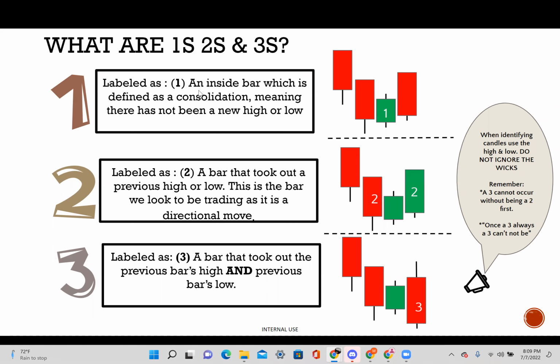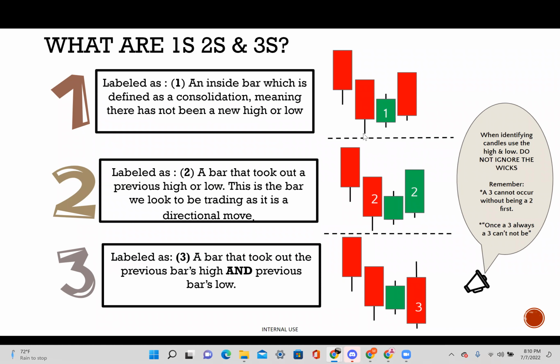So one more time, whenever you see a 1 on my chart, I'll be going back to the charts here in a second, but whenever you see a 1 on my chart, it is consolidating, right? It is an inside bar. The reason it's an inside bar is because it hasn't broke the high of its previous candle, nor has it broke the low of its previous candle, right?